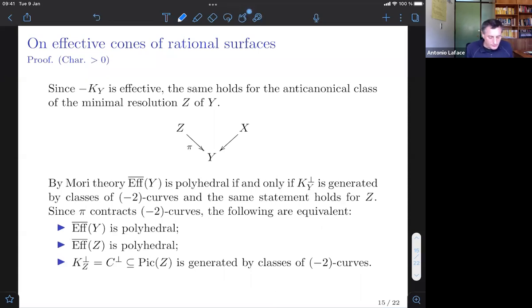In particular, if I do a minimal resolution of Y, I get a surface Z, which is smooth. Again, this pi is a crepant resolution because the singularities are du Val.